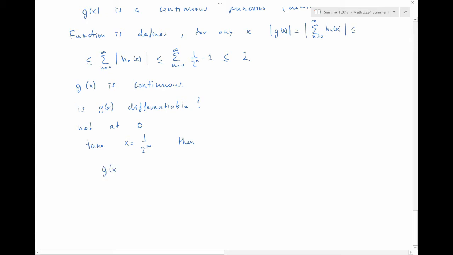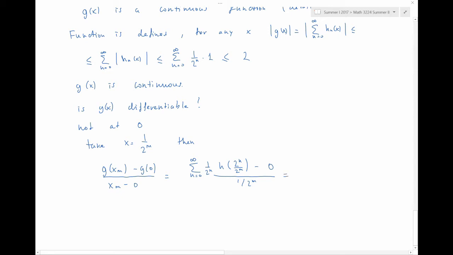Then g of x minus g of 0, which is always going to be 0, divided by x minus 0, is going to be equal to the sum of 1 over 2 to the power n, as n goes from 0 to infinity, h of 2 to the power n divided by 2 to the power m, minus 0 over 1 over 2 to the power m.